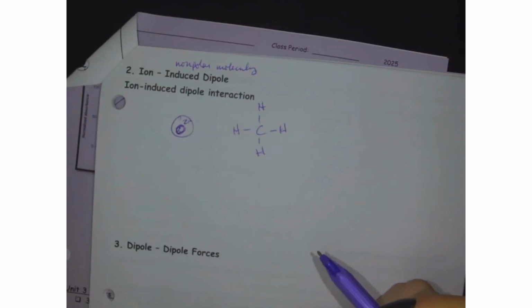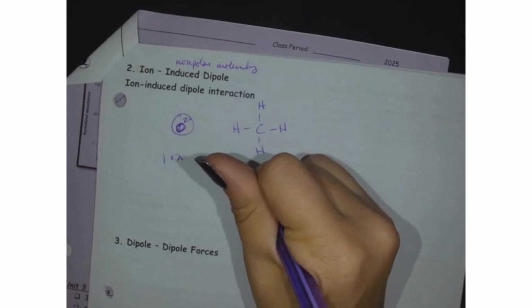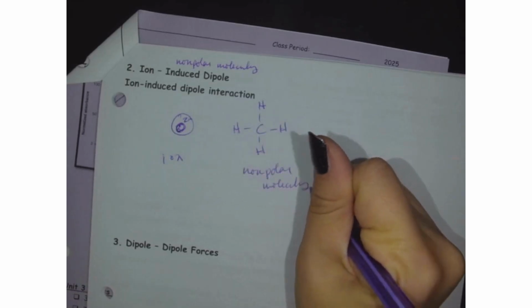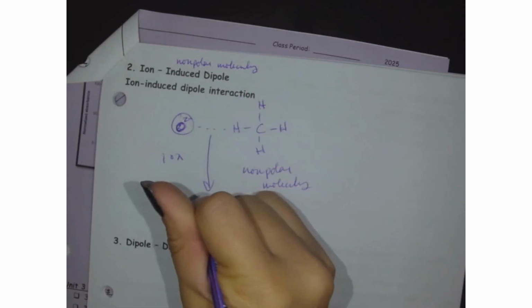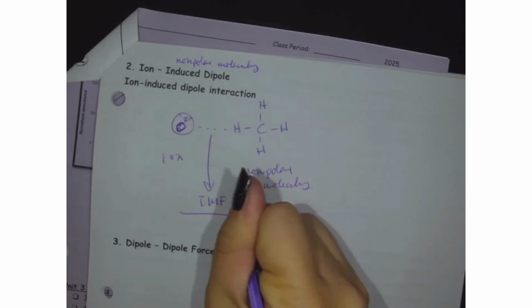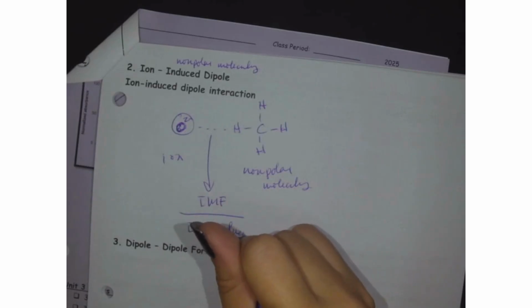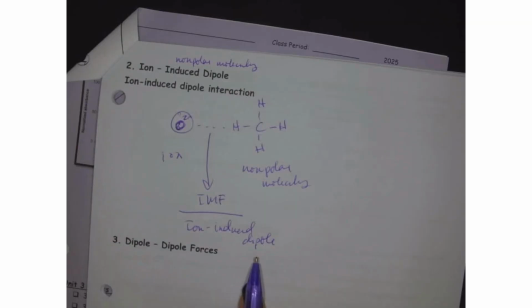Second reason why it is nonpolar is because it's a hydrocarbon. It's a molecule that's made up of only hydrogen and carbon. So we have an ion and we have a nonpolar molecule. And there will be an attraction between them. It's relatively weak, but there is an attraction there, and that IMF attraction between them is the ion-induced dipole, because it's an ion and it's a nonpolar molecule.